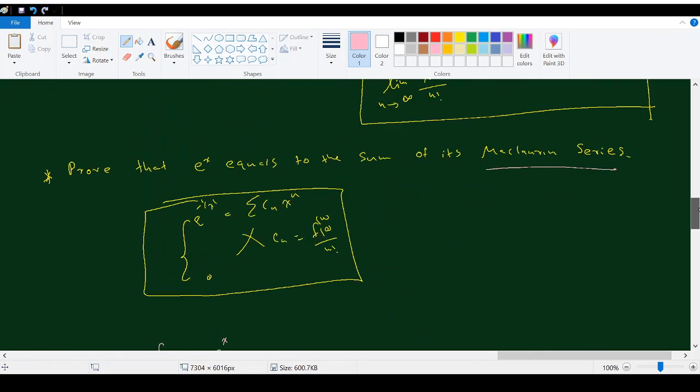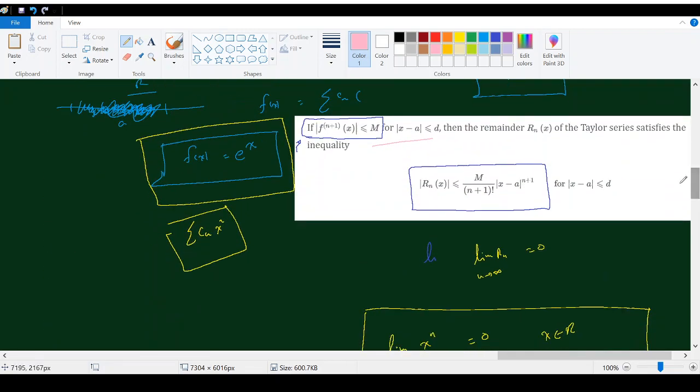Now see, here in this result, what we have is a certain number where the (n+1)th derivative is less than or equal to that certain number, right? And this inequality should be true for this given interval. So basically, this number and the interval will depend on each other, right?